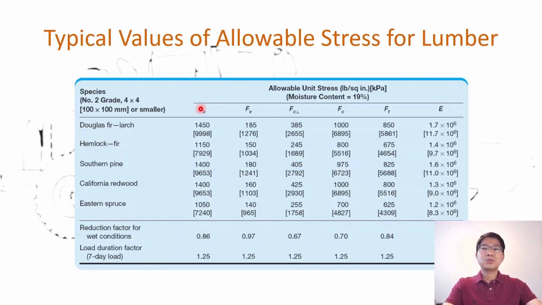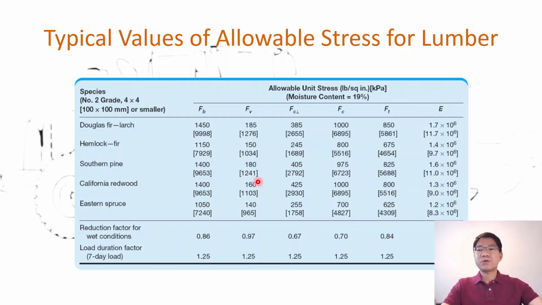You can determine the maximum allowable stress for bending, FB, maximum allowable stress for shear, maximum allowable stress for compression, where the grain is parallel or perpendicular to the support, FC, compression stress parallel to grain, FV, allowable stress for tension, and the modulus of elasticity.